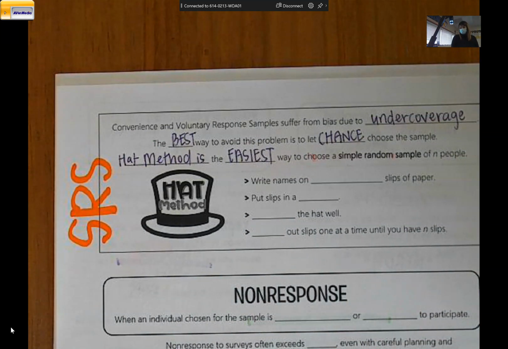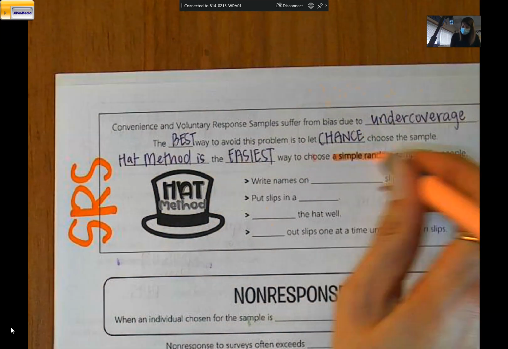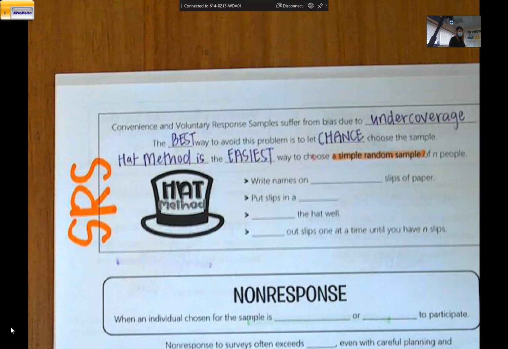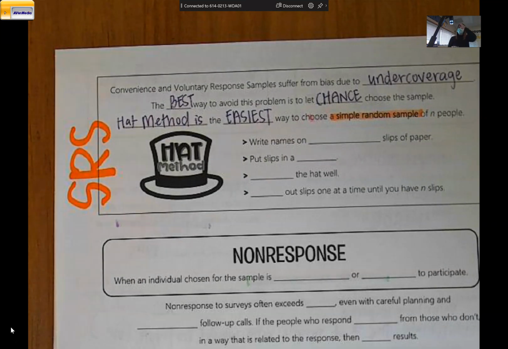So that's what your SRS stands for, simple random sample. So hat method, easiest way. Here's how you would do hat method.